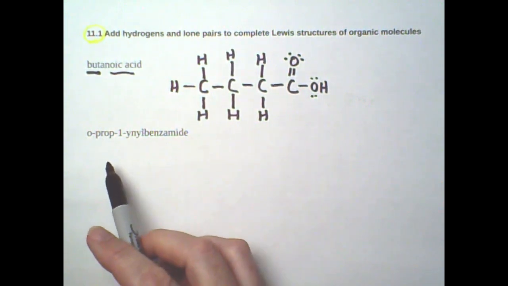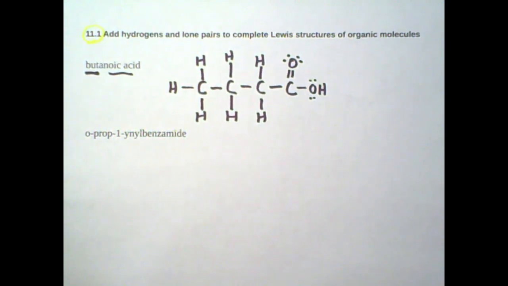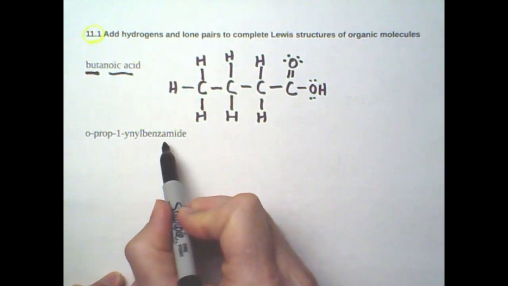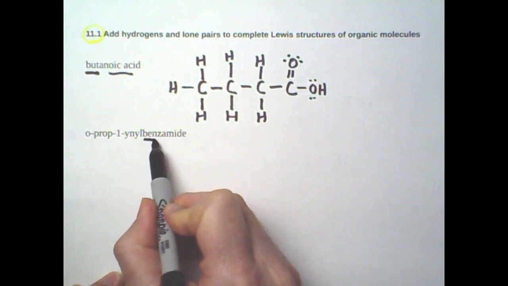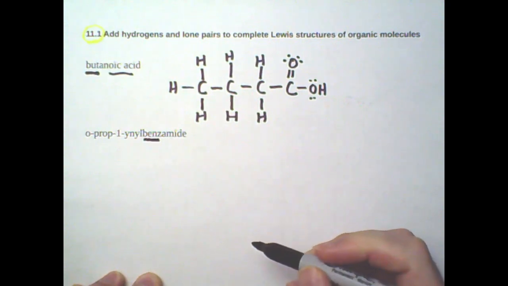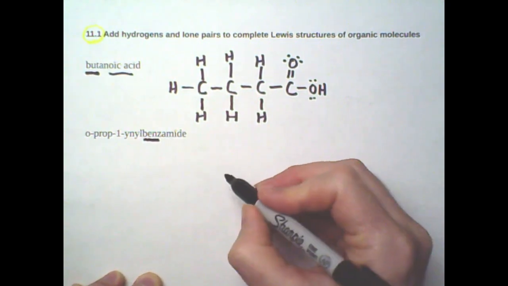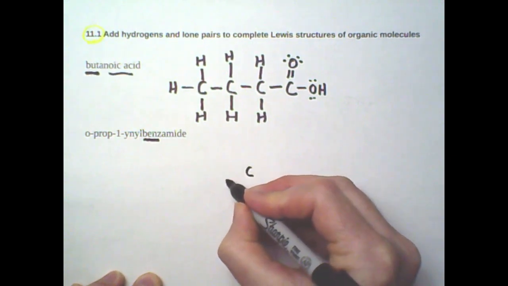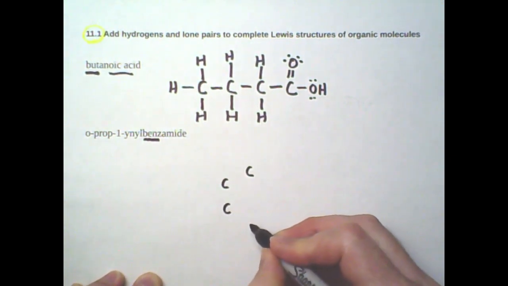I'm going to do the naming here. We're going to look for the root. The root comes in the last name, benz. So that's for benzene. It's going to have 6 carbons in a ring.